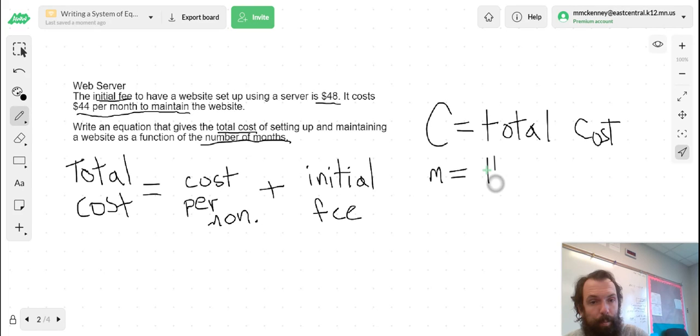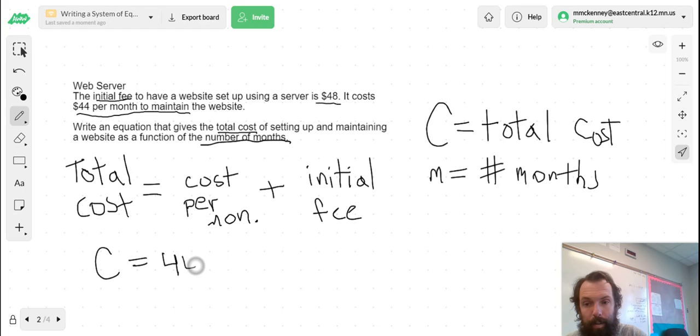And there's our equation. One thing to note, both of these first two equations are in the form of y equals mx plus b, though the variables are different. We should be able to recognize the shape. If we were asked to graph these, you should be able to see the similarities.